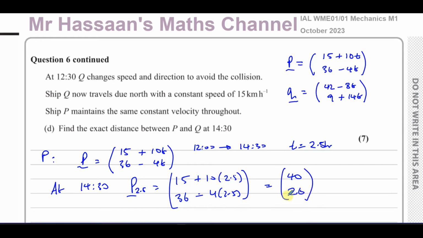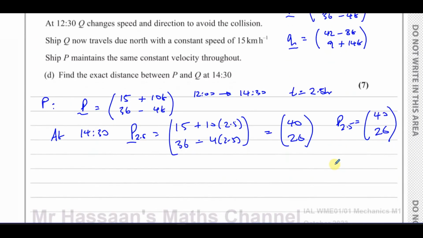So that's the position vector of P at 2.5 hours: (40, 26). So we know where P is at that time.